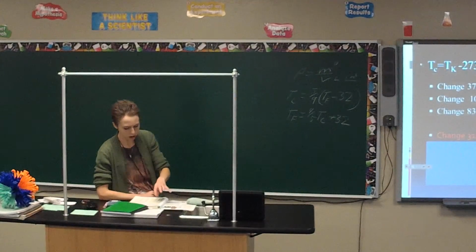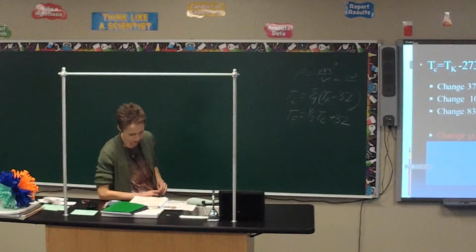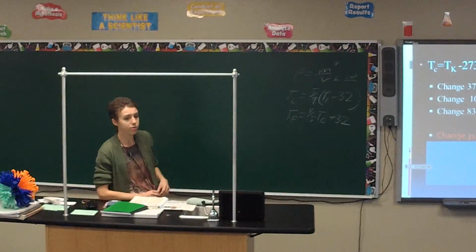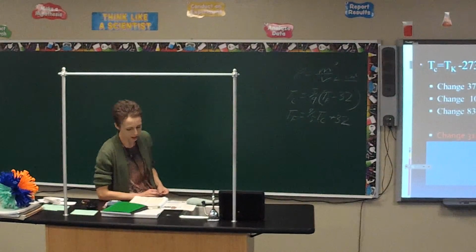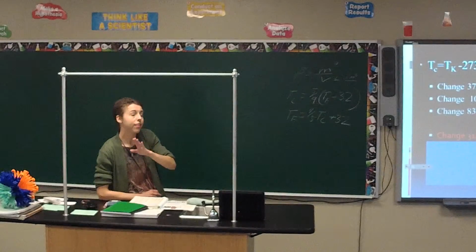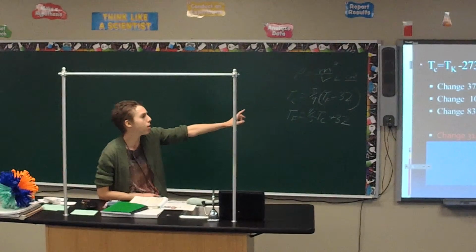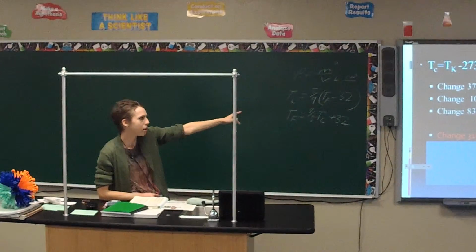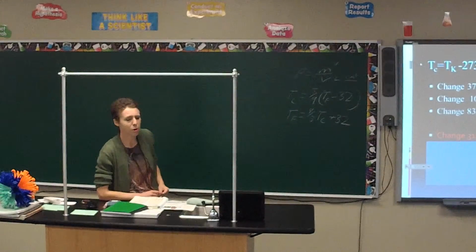That's why for the Kelvin scale, the starting point 0 is very, very cold. It's negative 273.15 degrees Celsius. That's why if you're going from Kelvin to Celsius, you subtract, or you add to go the opposite way. We'll talk more about this on Friday. We're just about out of time.